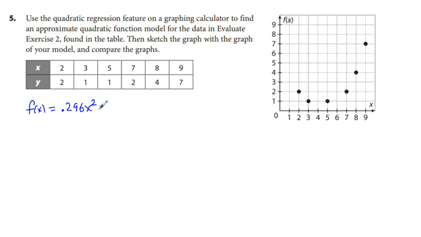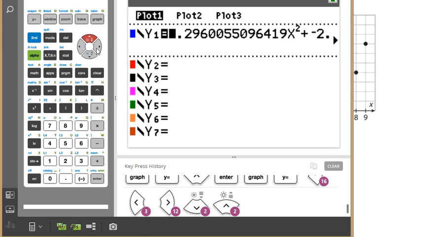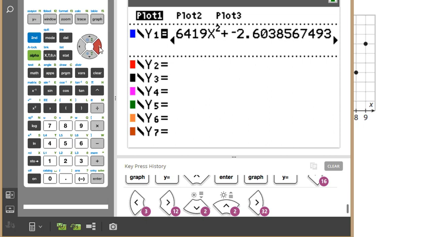And that's going to be minus, let's go back to our calculator. I think it was 2.6 x plus 6.14.